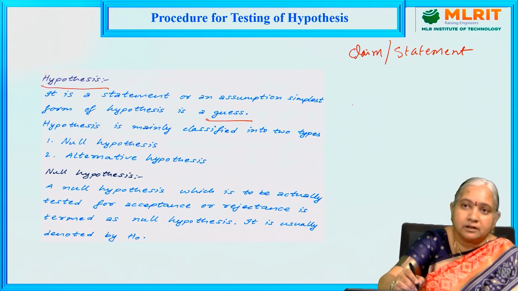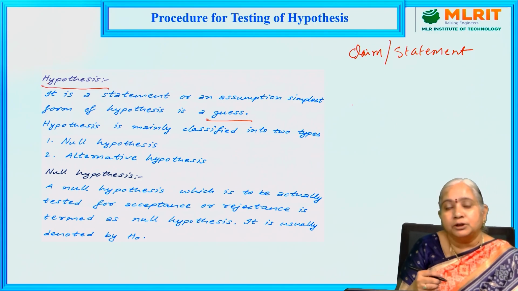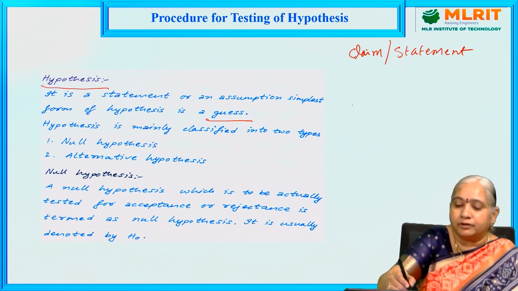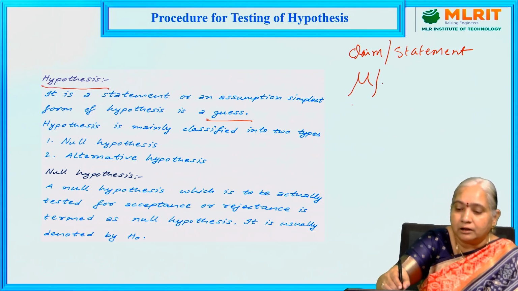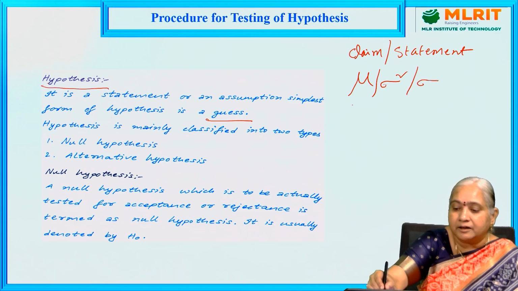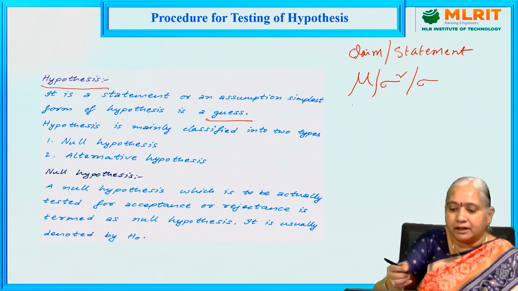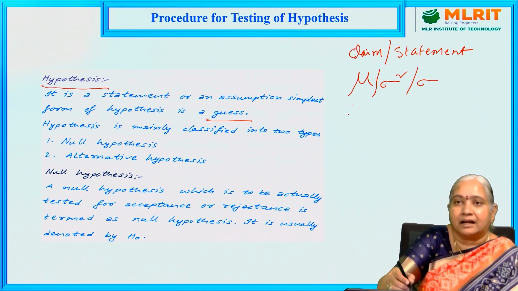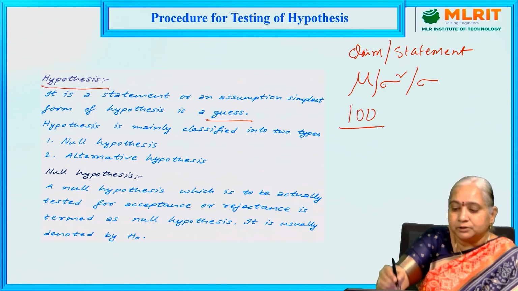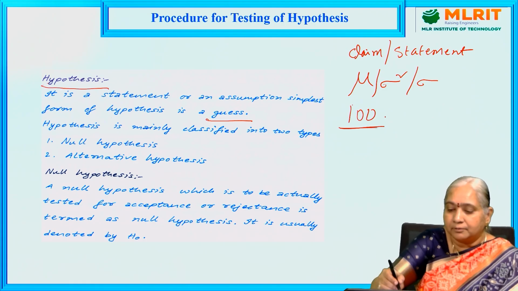In this procedure, the first step is what you are claiming about the population parameter. That means the statistical measure we can take as mu, sigma square or sigma. Suppose I want to give a guess or statement or my claim about the population parameter. Here I am considering the population to be a class of 100 students.